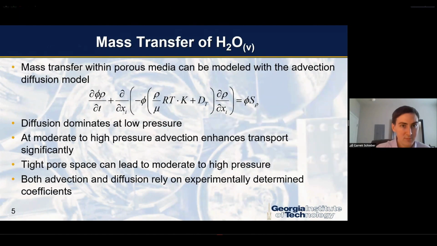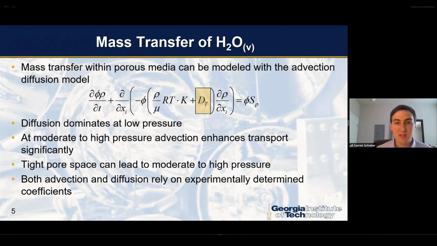Now the first aspect of the physics I would like to talk about is the mass transfer, specifically of the volatiles within the pore structure of the regolith. Mass transfer within a porous media can be modeled with the advection diffusion model shown here, where the first term is the advection term and the second term is the diffusion term, where at low pressure, diffusion is dominant.